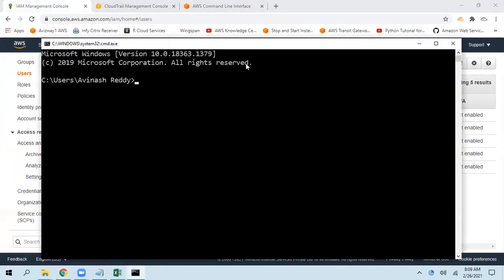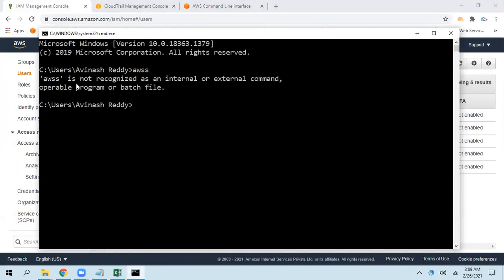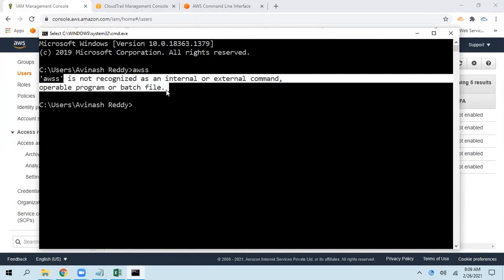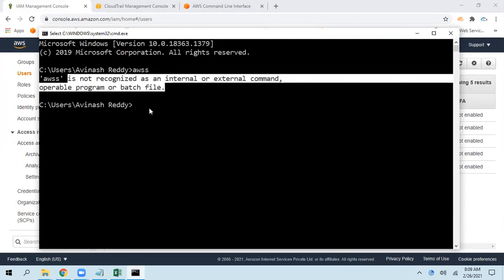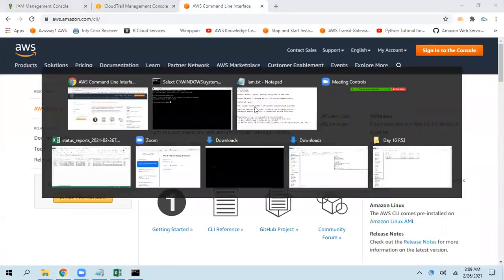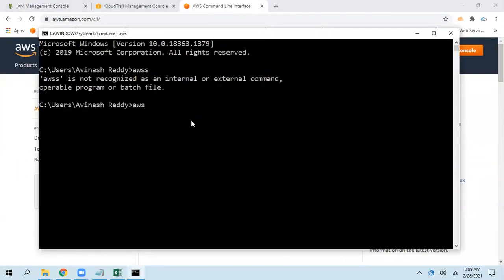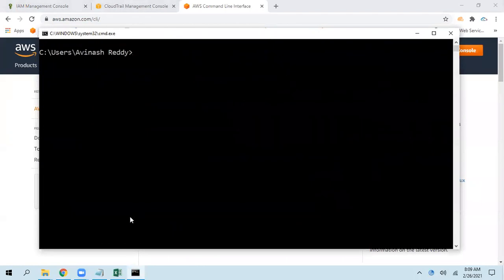By default, if you open a command prompt and give the AWS command, it will give this error. It will tell you this is unrecognized. But once you install this and give the AWS command, it will recognize that command. So to recognize AWS as a command, we need these CLI tools.